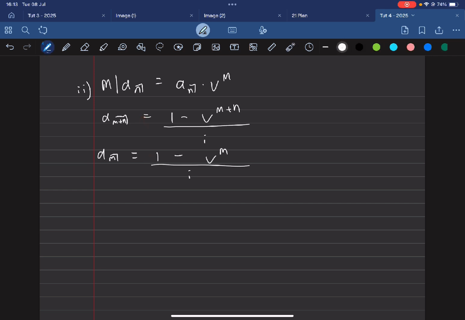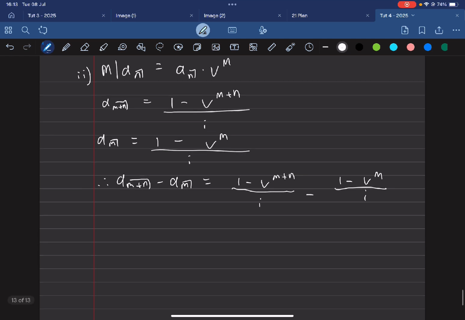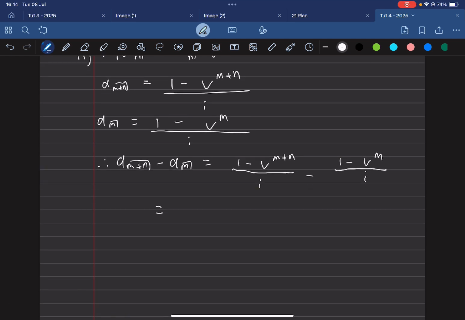So we can say, therefore, a m plus n minus a n is equal to 1 minus v to the m plus n over i minus 1 minus v to the n over i. Okay, cool. So now let's combine it, because we see it has the same denominator, so we can combine it pretty easily.